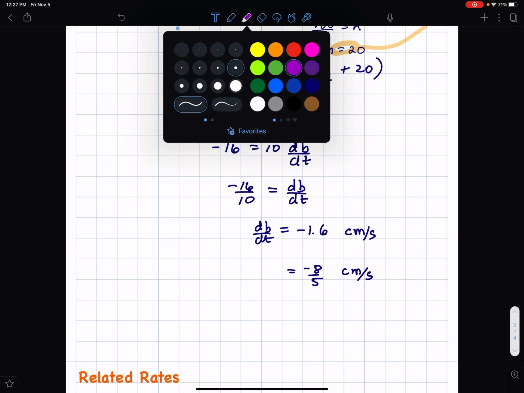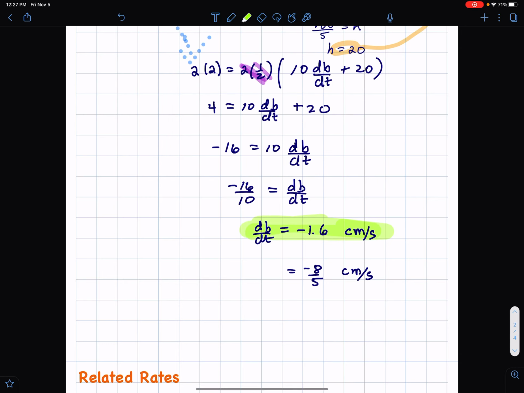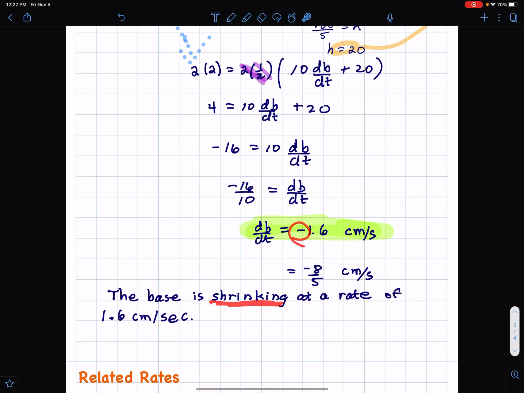And then, seems like that would be the answer, but you might want to write it out. The base is shrinking or decreasing at a rate of 1.6 centimeters per second. See, I got rid of the negative when I say it's shrinking, or you could say decreasing. That is the negative there, but maybe just leave it as I highlighted.